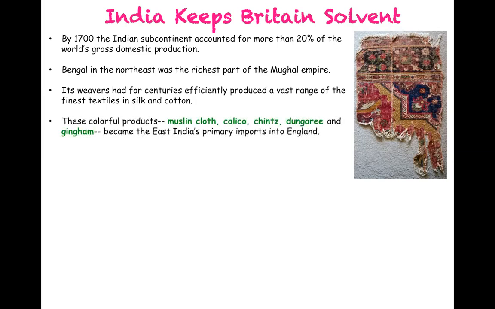In 1717, the Mughals granted the EIC a special privilege, a firman, that exempted it from taxes in Bengal. The export of fabrics from Bengal to England exploded in the first quarter of the 18th century. These textiles became the rage, highly desired by the fashion industry. Among these fabrics, still very famous even today, were chintz, also calico, muslin, dungarees, and gingham.